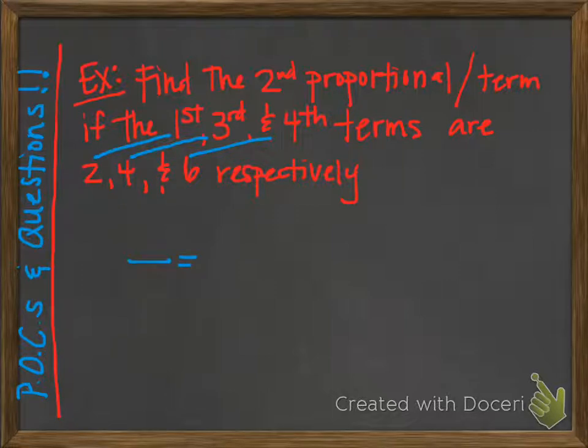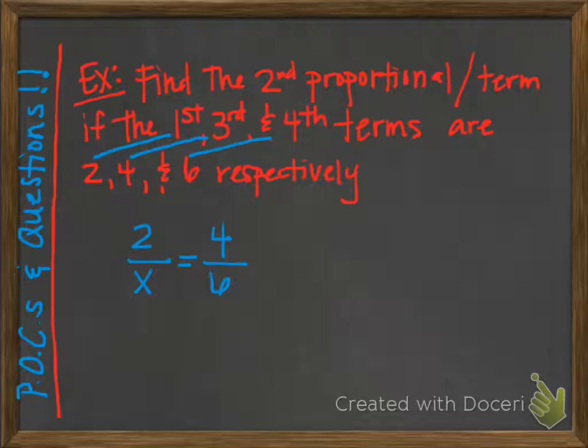So the first thing we have to do is set up our proportion, put the numbers in the correct spot. The first term is here, so that's where the 2 goes. We're trying to find the second proportional, or the second term. That goes down here, so we'll just put an x, or some kind of variable. The third term is 4, which goes on the top of the second ratio, and the fourth term is 6. So this is what your proportion should look like.